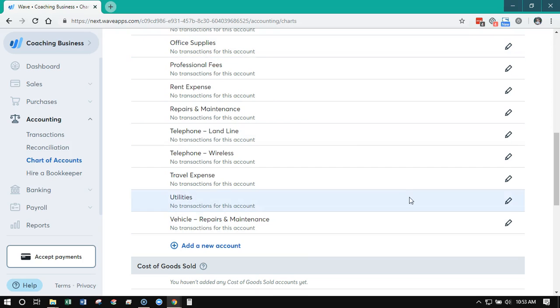We've got office supplies. So you can add new accounts in here, ones that make sense for your business. A lot of times with my web or graphic designers, I will add an account that says digital supplies, and that's where we put things like fonts and stock graphics and web themes and plugins. That's where we use digital supplies, which is different than office supplies.